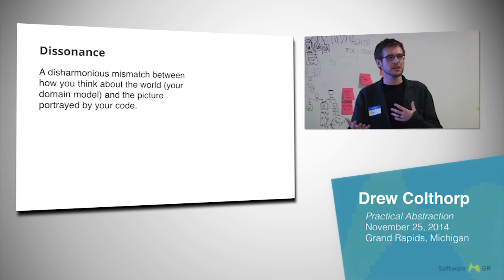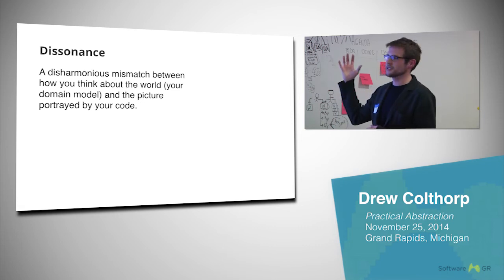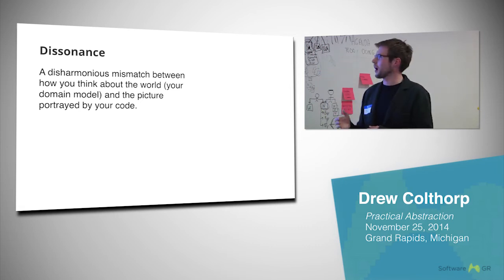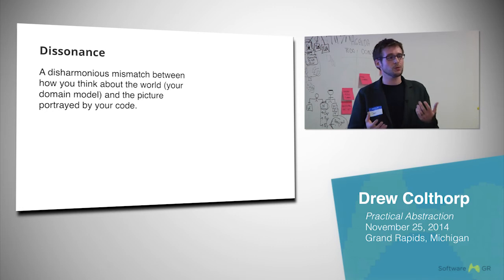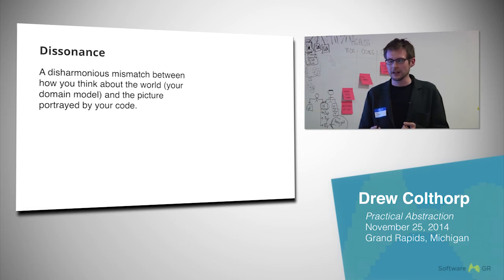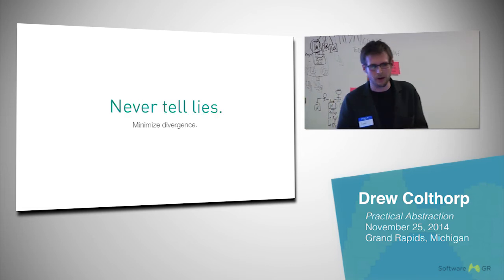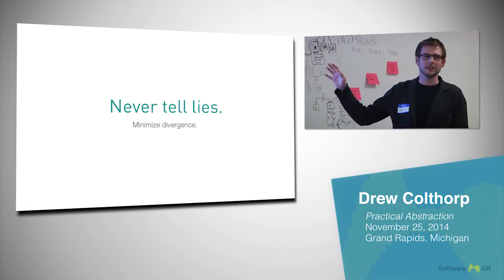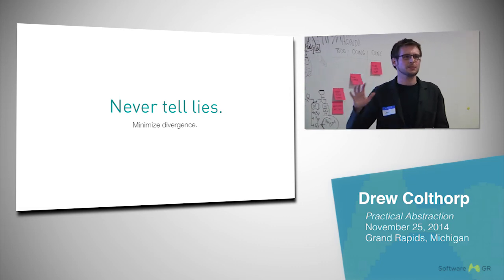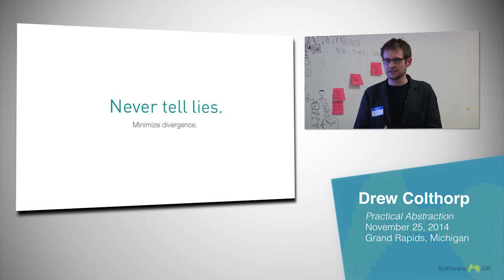So to me, when you have a mismatch between how you're currently thinking about things, the state-of-the-art ideas that you have for approaching the problems, and how things are expressed in code, that's cognitive dissonance. And I think that's something we want to minimize. We want our code to never tell lies, as much as possible, trying to remove that dissonance as we go through and write our code.